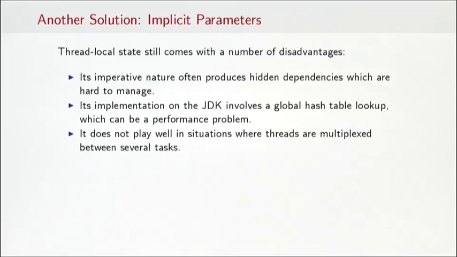So replacing stackable variable with dynamic variable is a definite improvement because we avoid the race conditions that the global variable would entail otherwise if you have a multi-threaded application. But it comes with a number of other disadvantages. Well, the first one is actually shared with the global state, and that's that essentially the state is imperative.